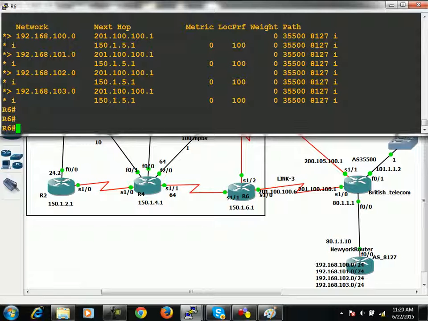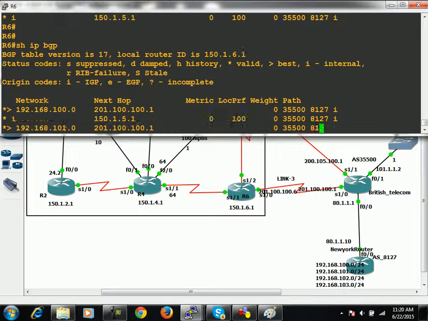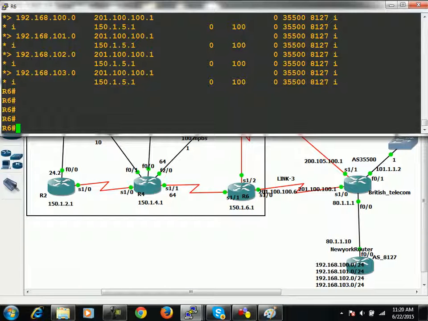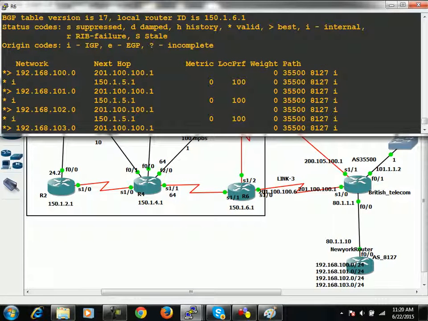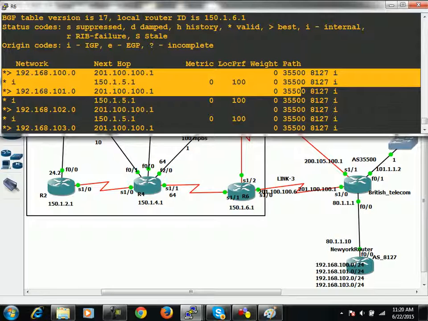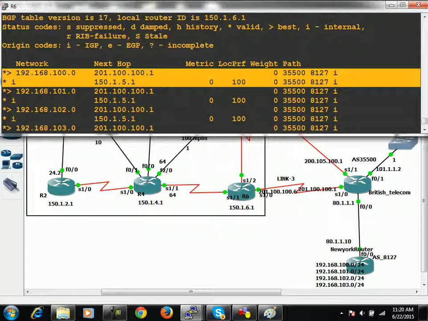Now, its best path is via BT. Check it out. Why? Again, you have to discuss it with me. Why has this R6 defined its best path via BT only, not via Esprit or something else?